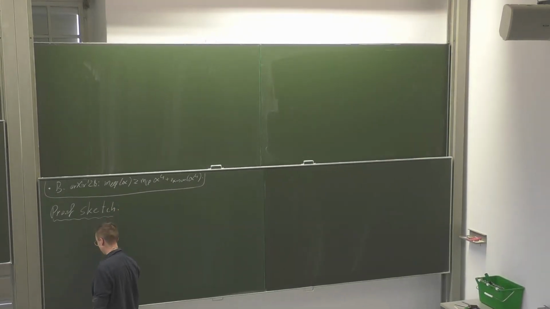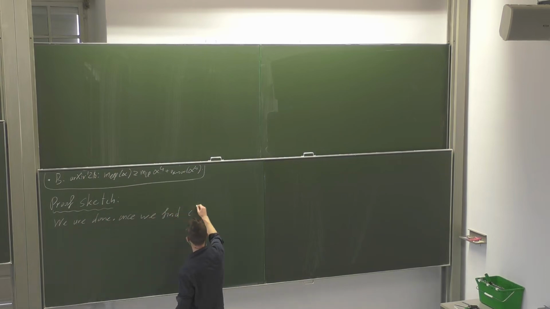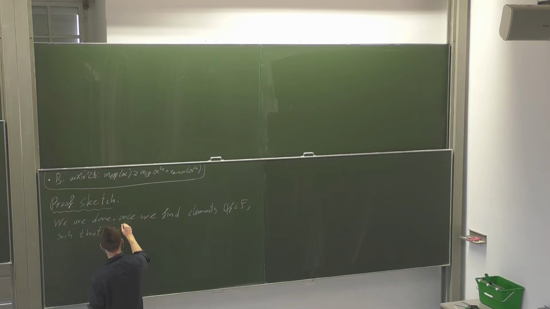Okay, so we are done once we find elements psi labeled by the momentum variable p in the Fock space, such that, first of all, this should be normed. Psi of p should have norm 1.